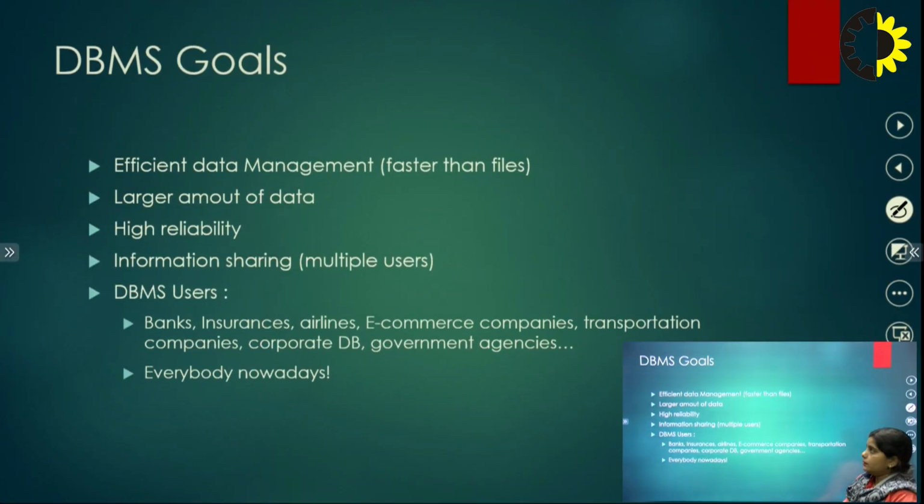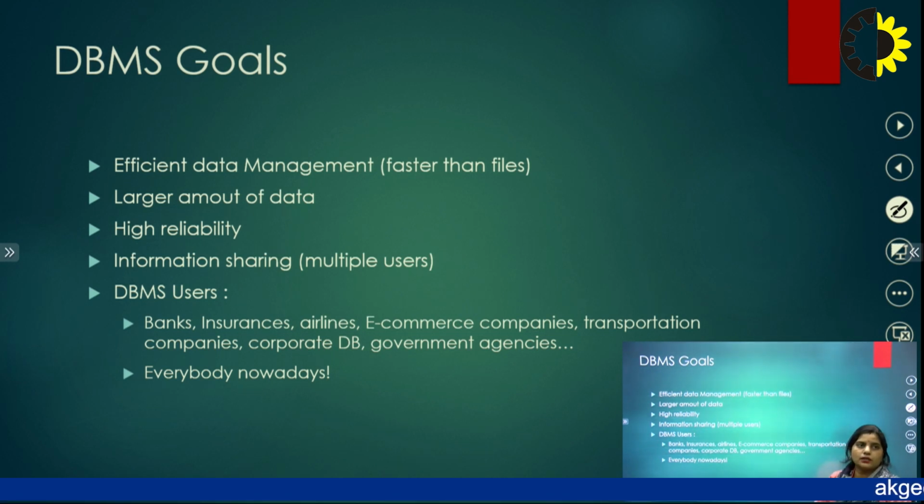Now, what are the different DBMS goals? Efficient data management, faster than files, a larger amount of data can be processed in a short span of time, higher reliability, and information sharing between multiple users, with parallel information sharing not only one-to-one, but many users at a single point in time. So, multiple users can share the same information at the same time.